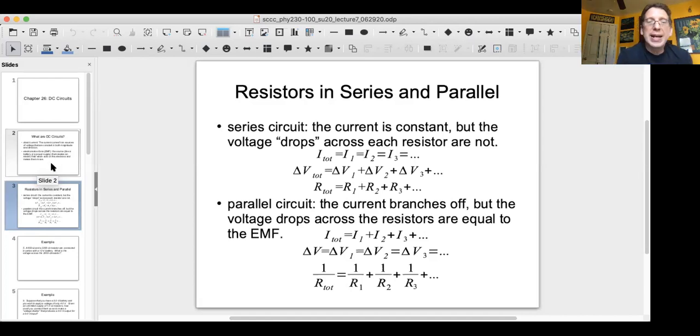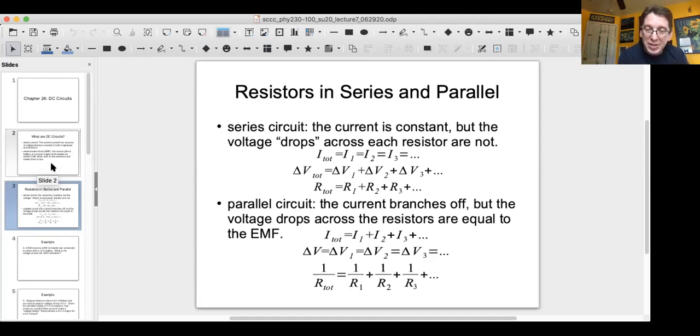In a series segment of a circuit, the same current is flowing through all the resistors. The total voltage between the beginning and the end of the segment is equal to the sum of the voltages across the individual resistors. From that, you get that the total resistance is equal to the sum of the individual resistances. So in a series segment of a circuit, the resistors add together.